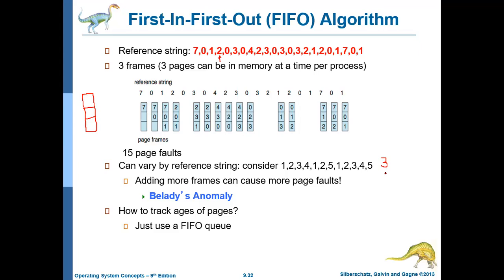One is 3 frames, second one is 4 frames. If you are taking 3, then page faults will be lesser. If you are using 4, then you will increase your number of page faults. Now you need to check by your own. You need to solve that problem.